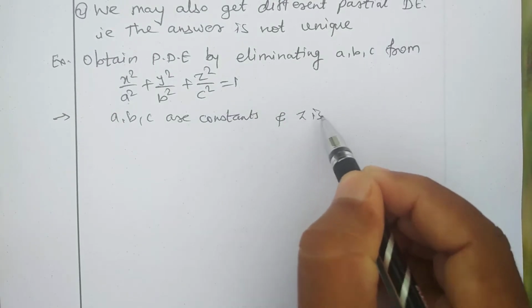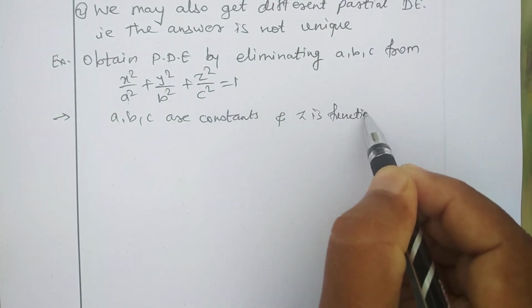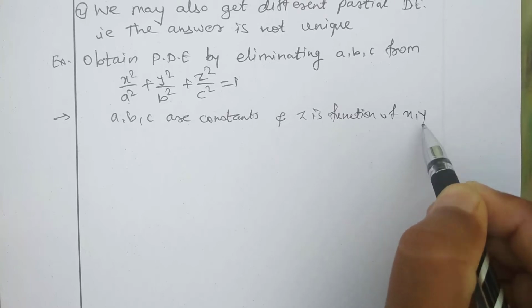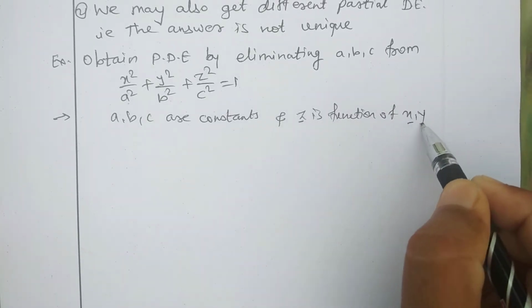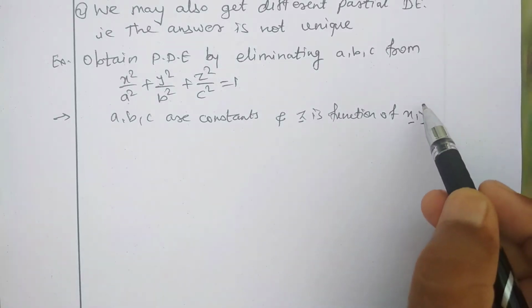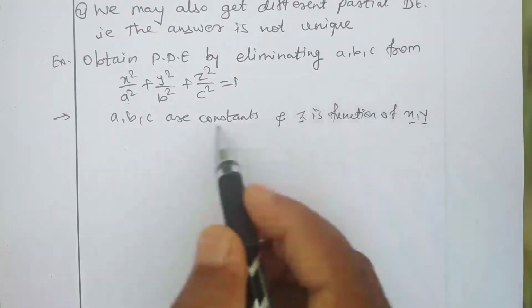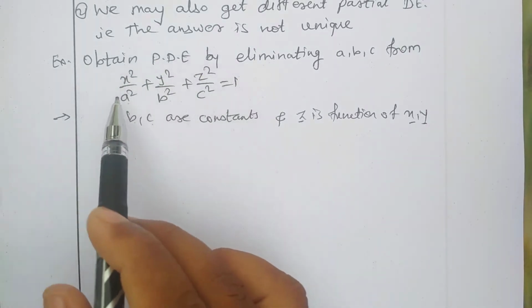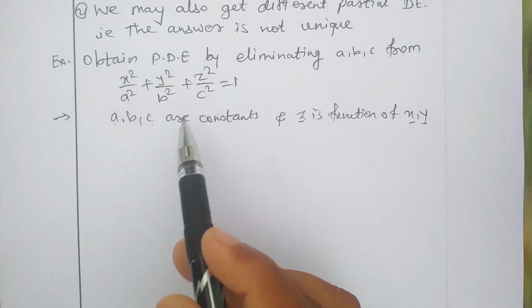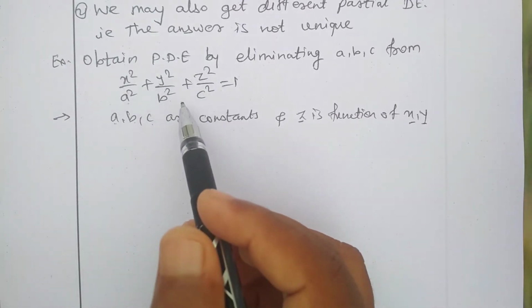Here z is a function of x and y. That means z is a dependent variable and x and y are independent variables. So there are only two independent variables and there are three constants. So the partial differential equation must be of order 2 or more.